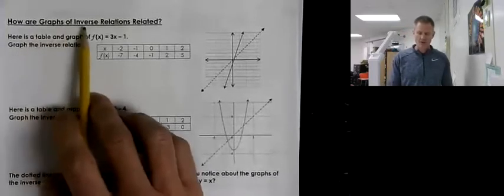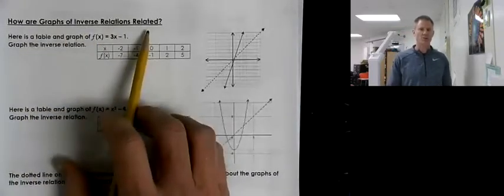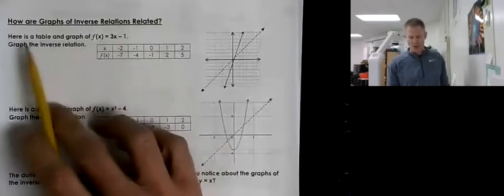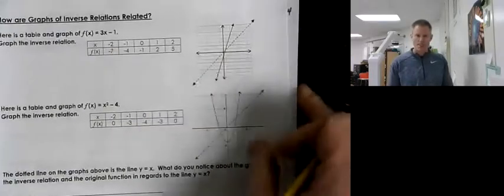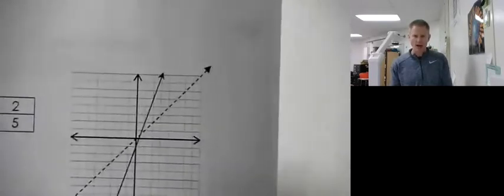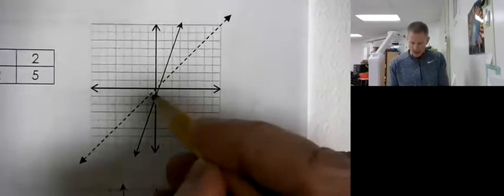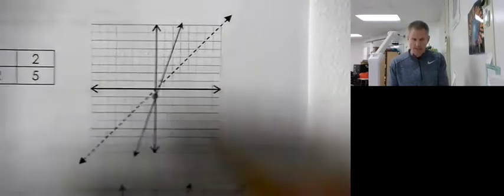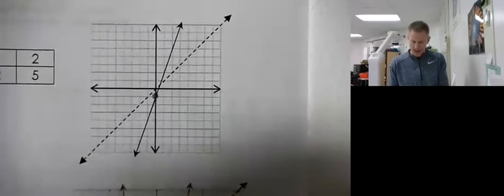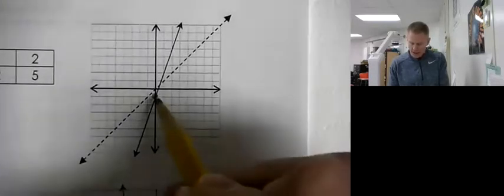How are graphs of an inverse relation related? Well, we're going to take our original graph, 3x minus 1. We know how to graph by going down to -1 and then doing a slope of 3.